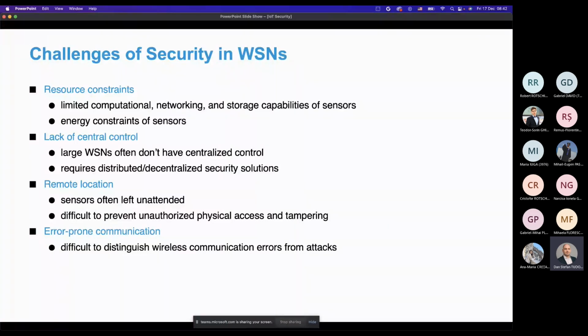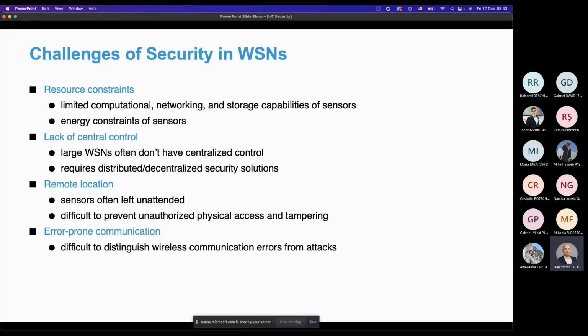You have mechanisms that are computationally expensive, but you have limited computational bandwidth on your devices. For example, if your devices are 8-bit microcontrollers or even 32-bit microcontrollers or microprocessors, which have a limited amount of memory, networking bandwidth, storage capabilities, and so on, you cannot employ computationally intense tasks on them.